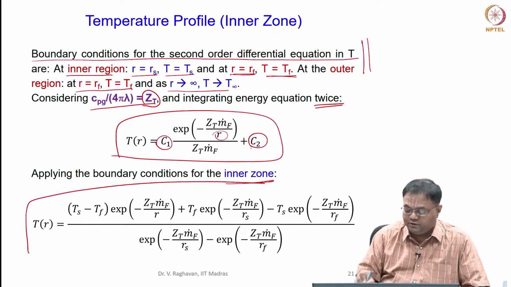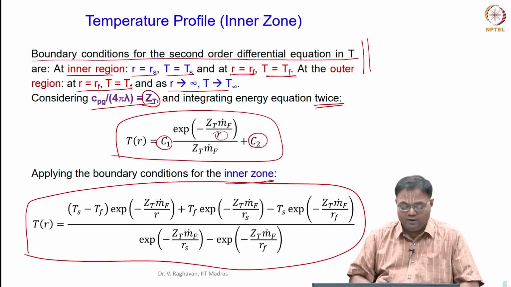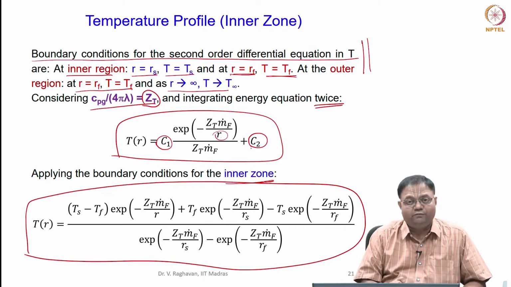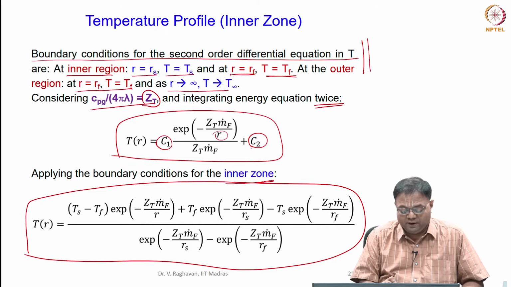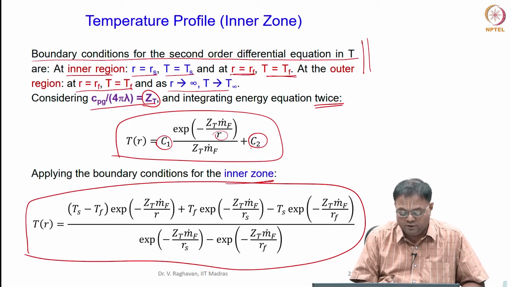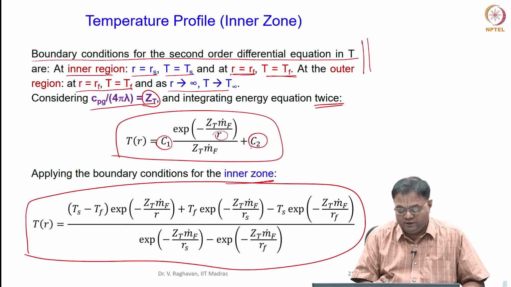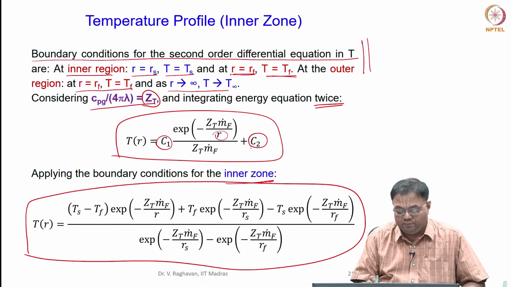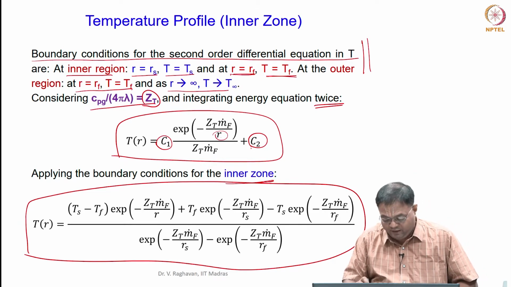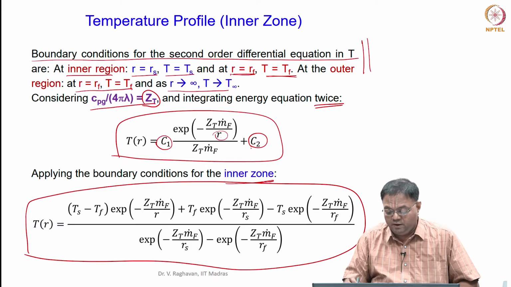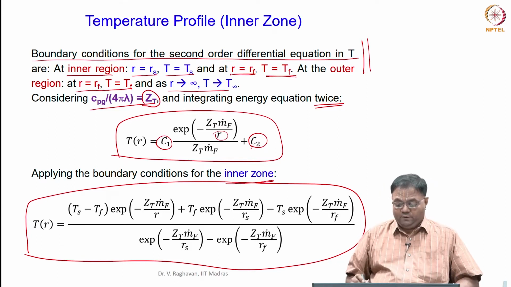So when I solve for C1 and C2 by these 2 boundary conditions in the inner regime, I get the profile for temperature given here. It is a very big profile. You can see Ts minus Tf, into exponent of minus Zt mf by R, plus Tf into exponent of minus Zt mf by Rs, minus Ts into exponent of Zt mf by Rf. Okay.